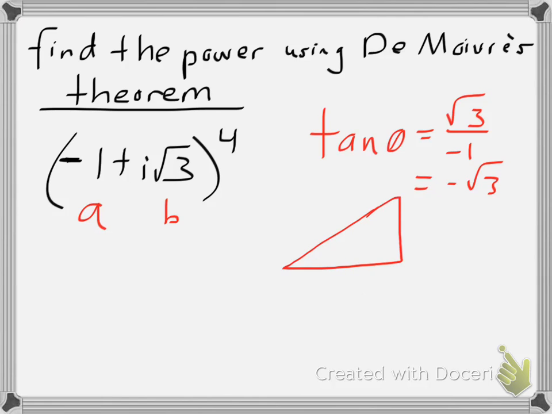This follows my 30, 60, 90 triangle. So I want square root of 3 over 1. I'm going to ignore the negative for now. Square root of 3 over 1 using tangent, opposite over adjacent, uses the 60-degree angle. So I'm looking at pi over 3.